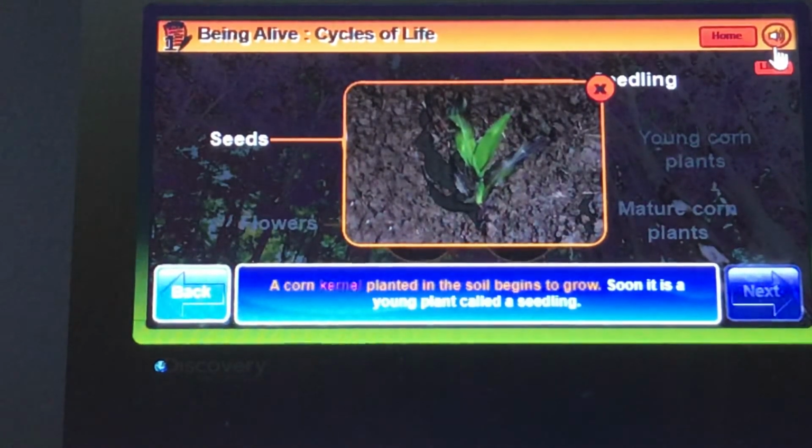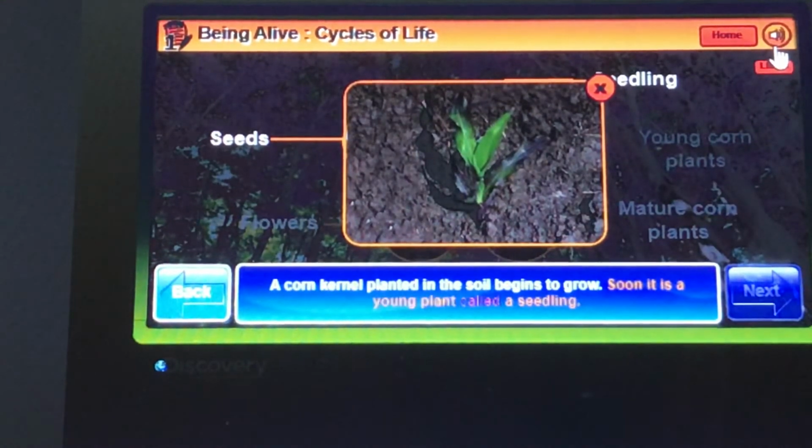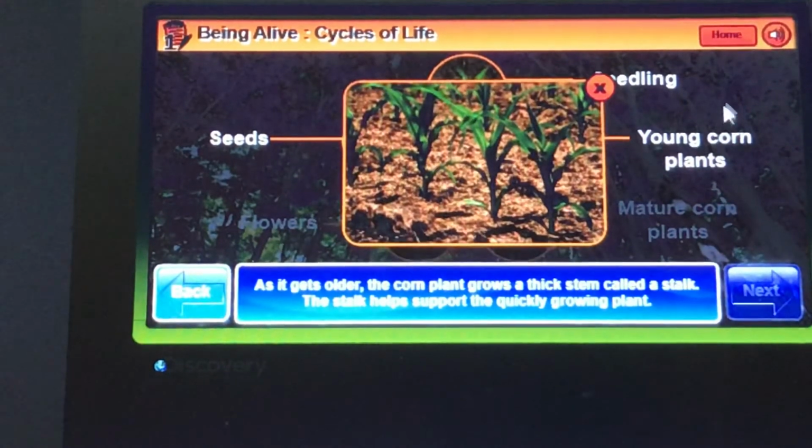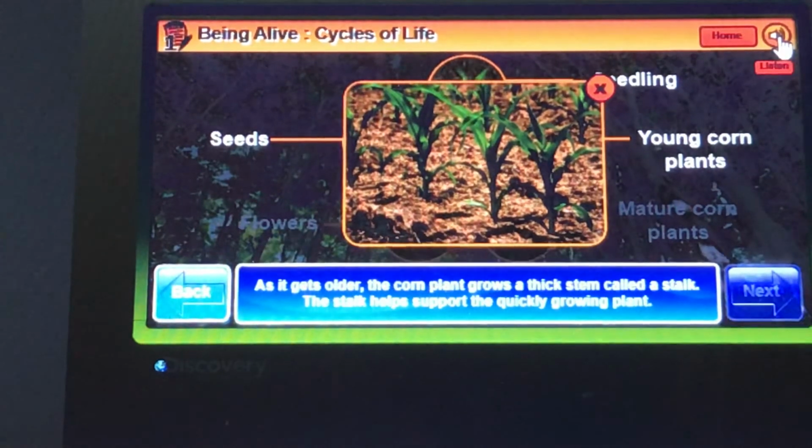A corn kernel planted in the soil begins to grow. Soon it is a young plant called a seedling. As it gets older, the corn plant grows a thick stem called a stalk. The stalk helps support the quickly growing plant.